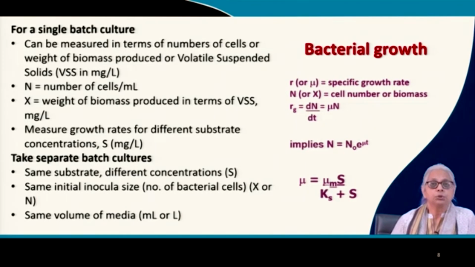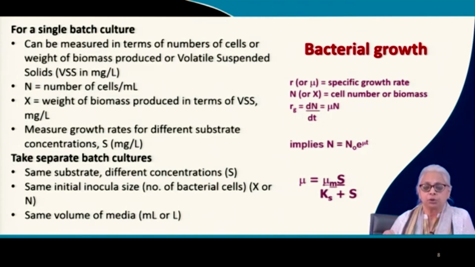So here we come to what happens in a single batch culture. In a single batch culture, you will be measuring the number of cells or the weight of the biomass produced. If you're measuring weight of the biomass, you will generally take a small amount of the media, filter it, and measure the volatile suspended solids. That is VSS, and we normally express it in terms of milligrams per liter.